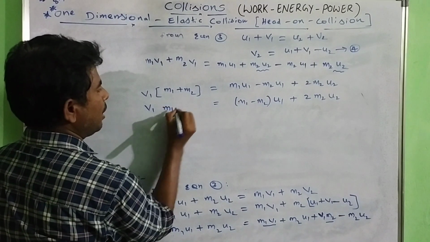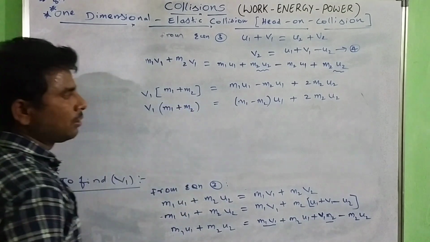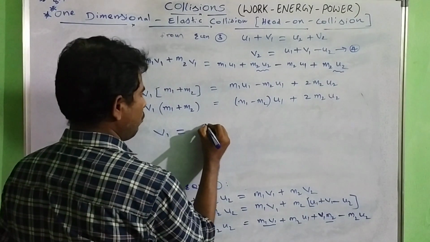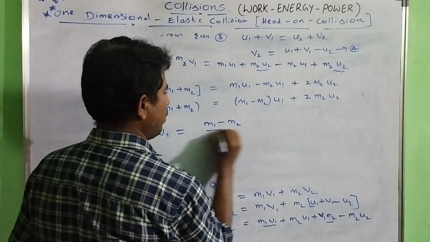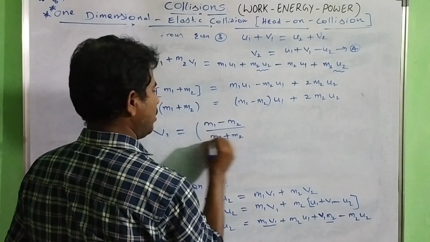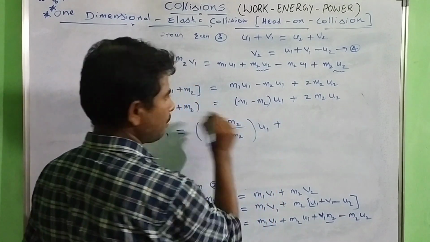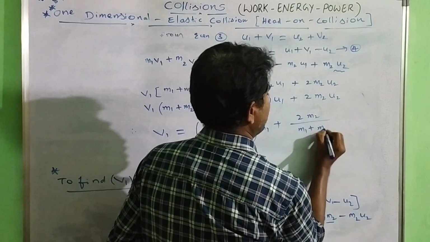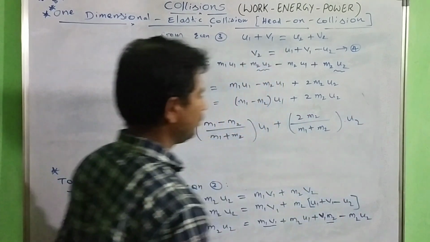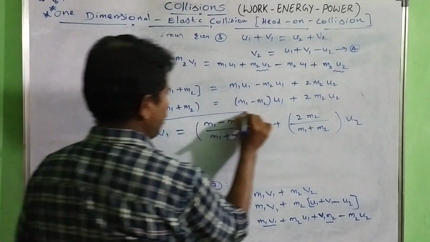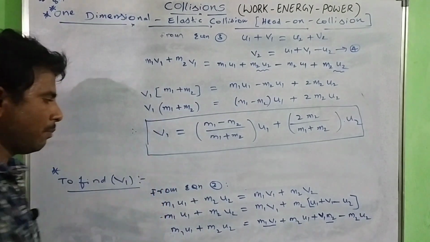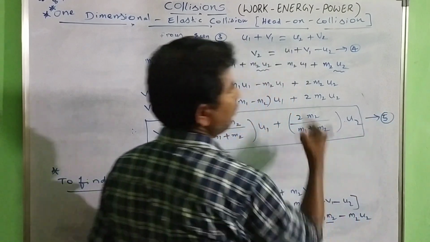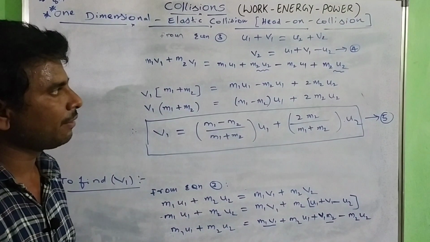Therefore v1 into m1 plus m2 equals that. Taking v1 on the left side, v1 equals m1 minus m2 by m1 plus m2 into u1 plus 2 m2 by m1 plus m2 into u2. This is equation number 5.